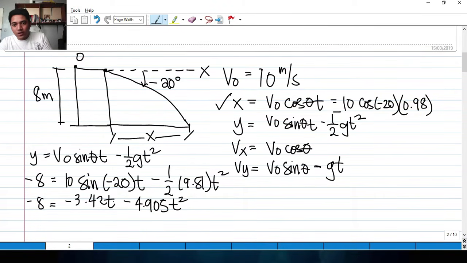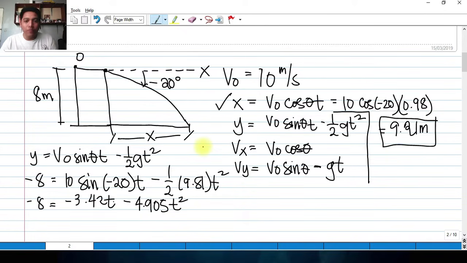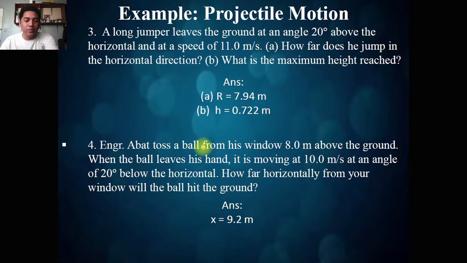Let's check if I have the correct answer. 9.21 meters from the building. The ball has traveled 9.21 meters. So we have a correct answer here.